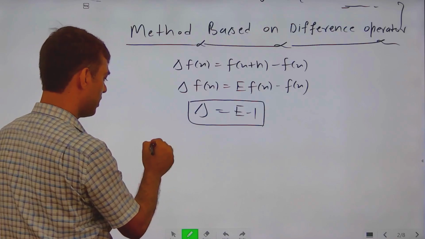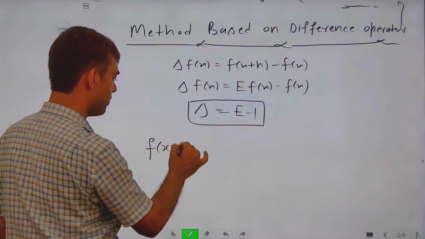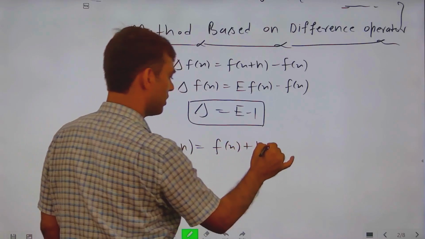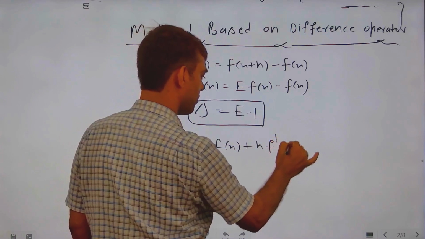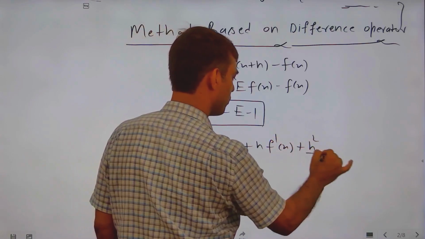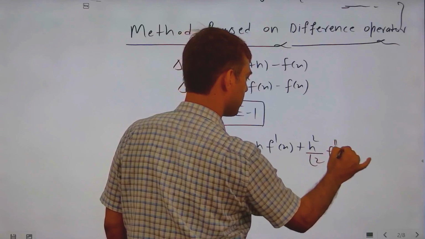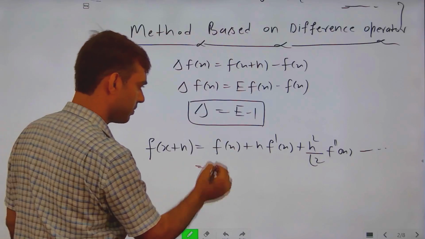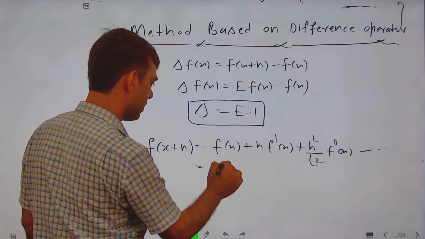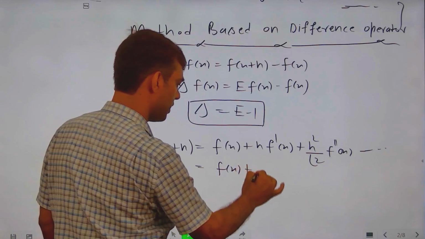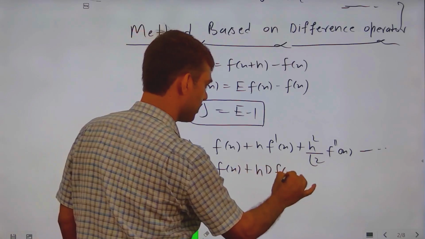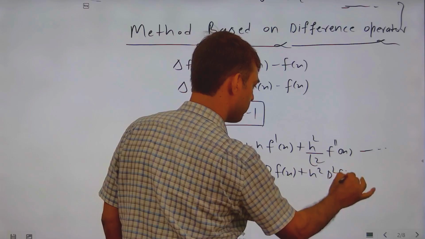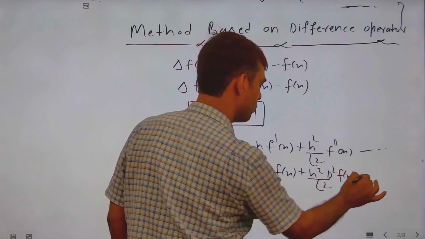We know that the Taylor series expansion of f(x plus h) is f(x) plus h f dash(x) plus h square upon factorial 2 f double dash(x) and so on. We may write this as f(x) plus h D f(x) plus h square D square f(x) upon factorial 2 and so on.